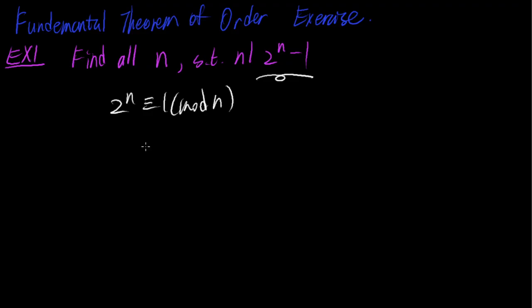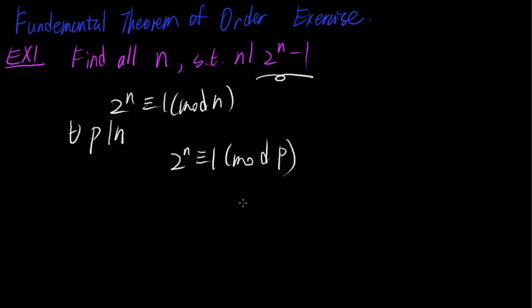So how can we turn this into a prime problem? We can consider any prime divisor p of n. For any prime divisor of n, we have 2 to the power of n is also congruent to 1 mod p, right?